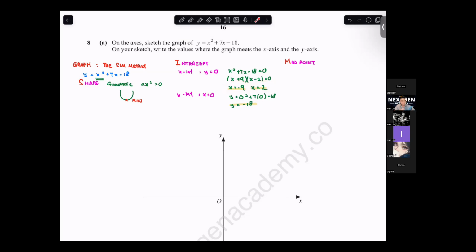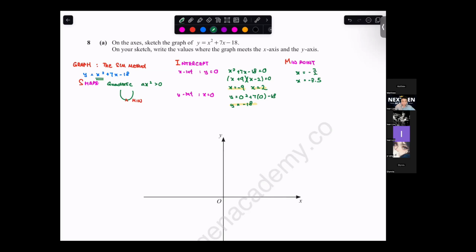Then you look over here. What will they give you? They say the minimum of y equals to ax squared plus bx plus c. Do you see that? By default, they'll give you x equals to negative 7 over 2, or you can change it to negative 3.5.